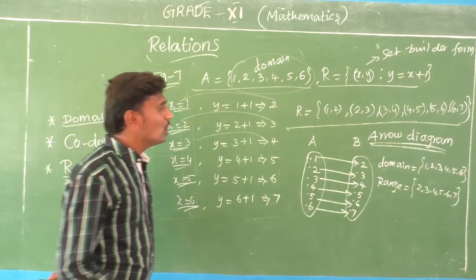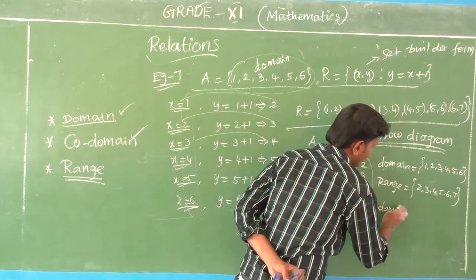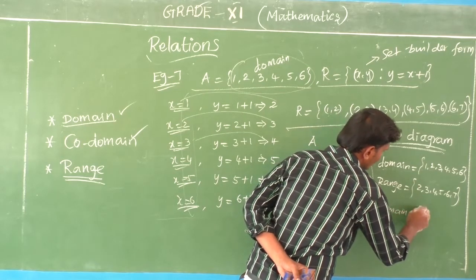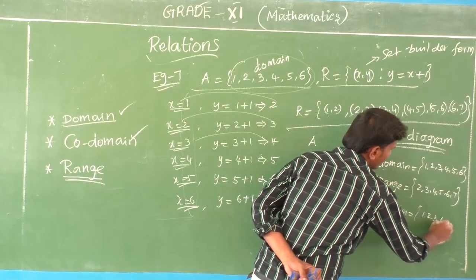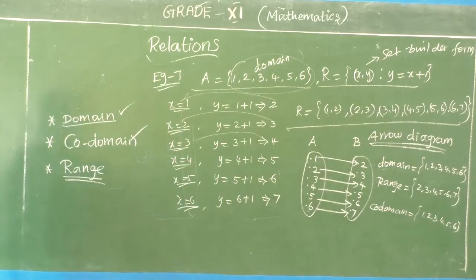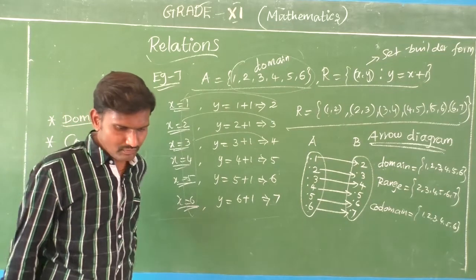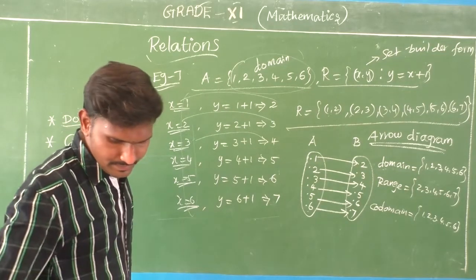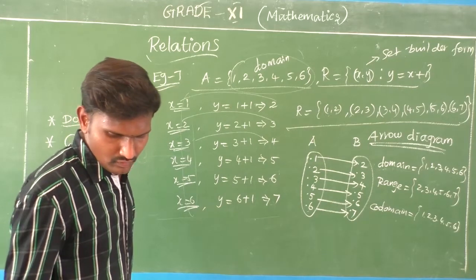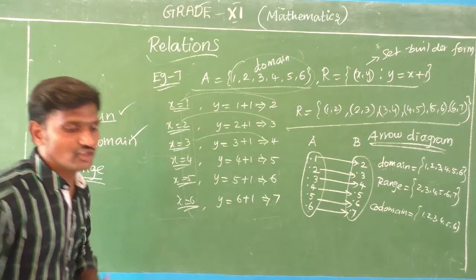Then finally the codomain is the same as the domain here, because of the given question's condition. Have you got it, children? Yes. Now have you got it? And next we have to look at the next question.